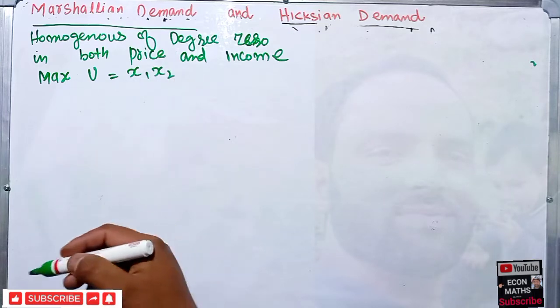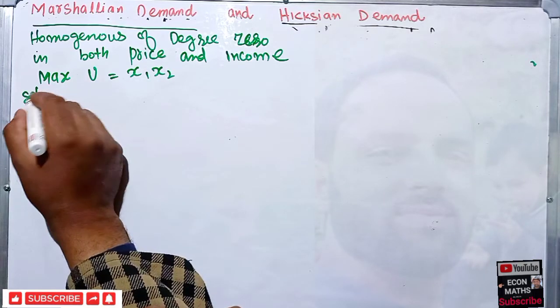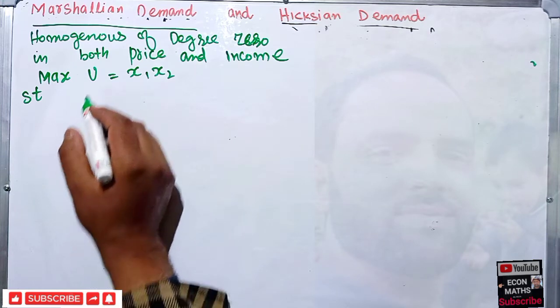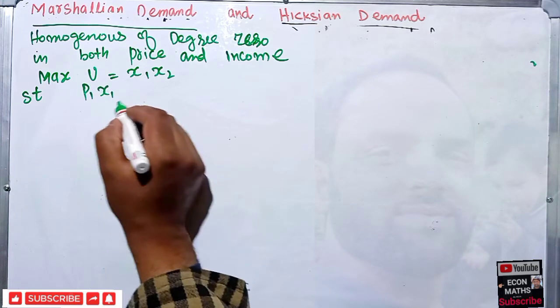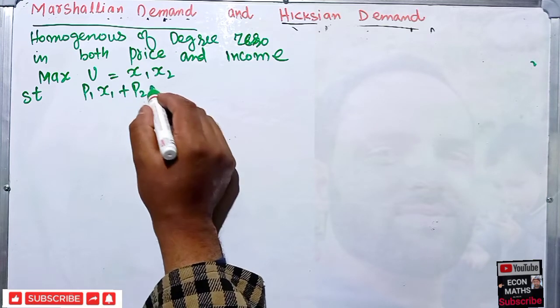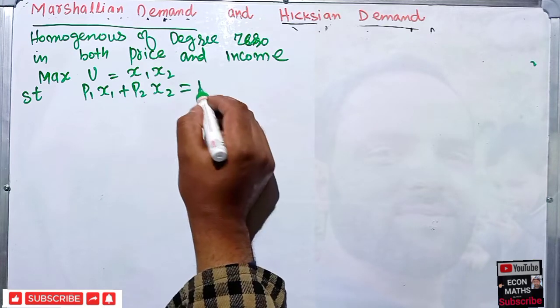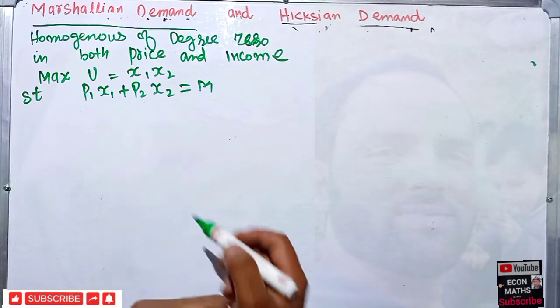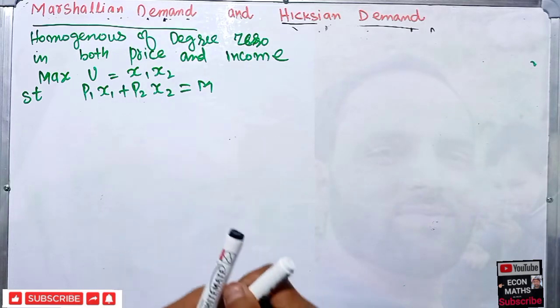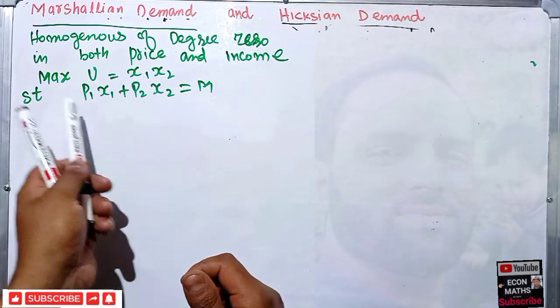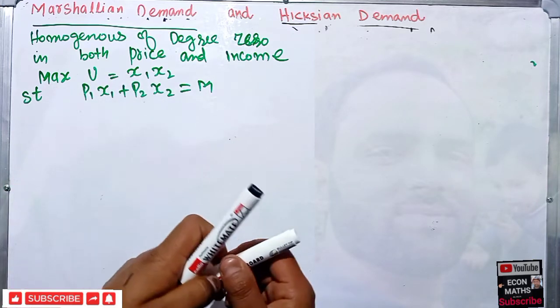We want to maximize our utility subject to the budget constraint, that is p1 x1 plus p2 x2 is equal to m, where p1 and p2 are the prices of x1 and x2, and m is the income of the consumer when he spends all his income on these two goods.